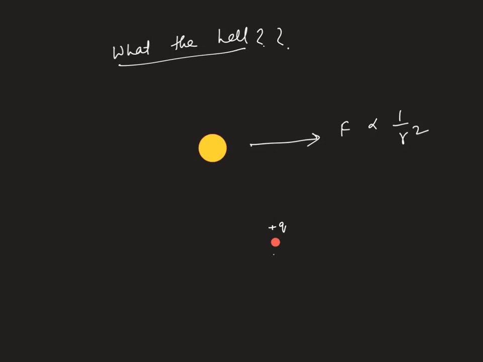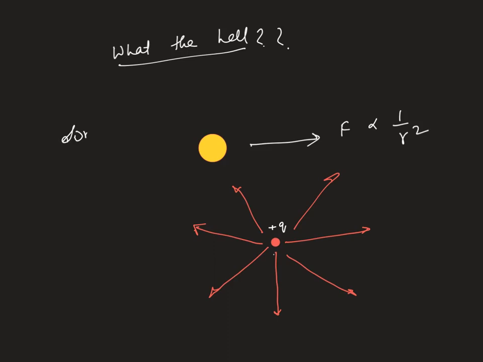And what's so special about this point charge? This point charge is emitting something. Now that is a very important word, something, because that something is going to play a full role in understanding what flux is.